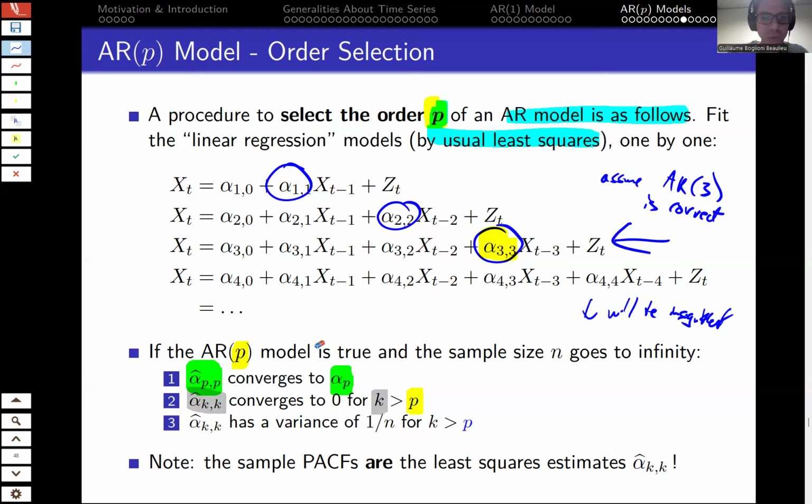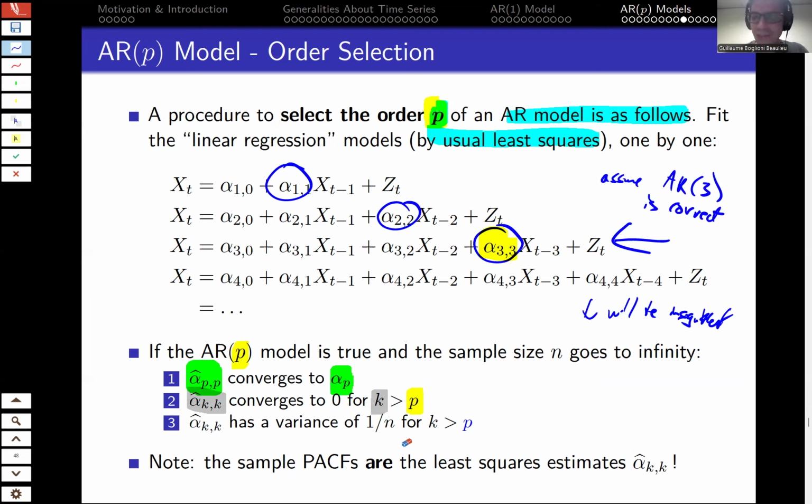If the AR(p) model is true, then alpha_kk has a variance of just 1 over n. So easy. Maybe we should have said it has a mean of 0 as well, at least asymptotically. So this makes it very easy to judge the significance of this parameter. And so this gives you the procedure to select the order of your AR model when you do fitting.